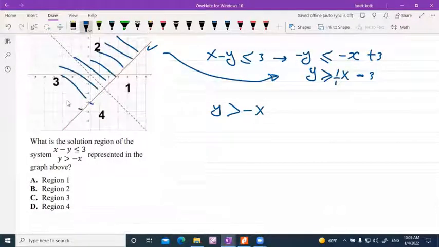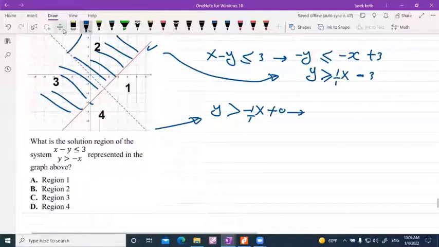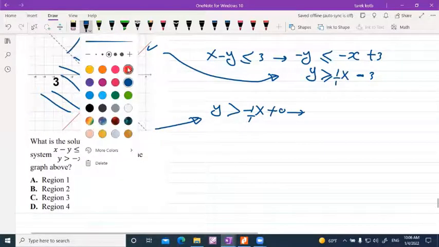Since you have greater than, you have to shade the part above the line. For this one, y greater than negative x, the equation of this line has slope negative 1 over 1 and a y-intercept of 0, so this is the line I want.